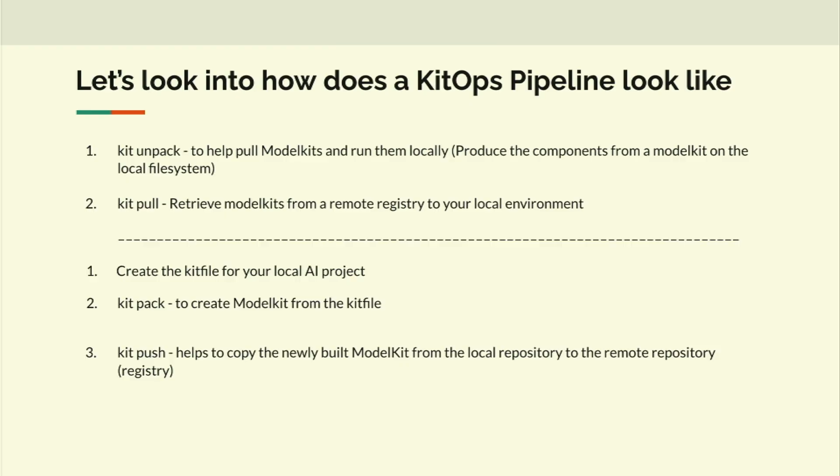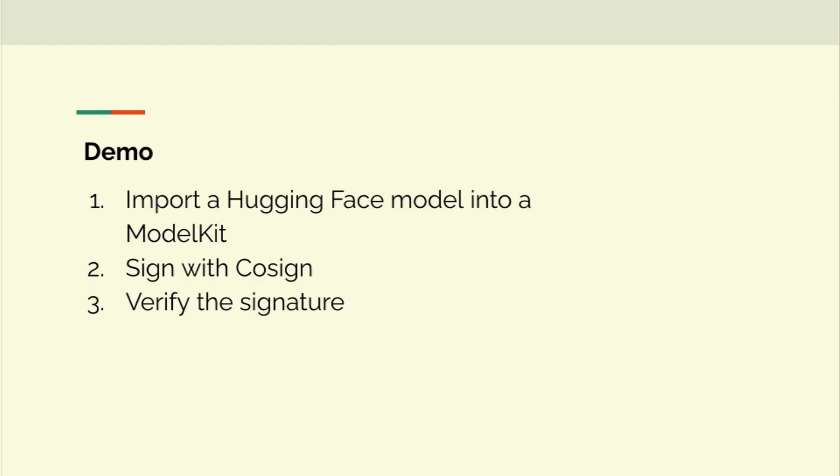And just like you have a Dockerfile, you create a Docker image from it by running the Docker build command, and finally you push it to a container registry like Docker Hub. You can do a very similar use case with GitOps, but for AI. So let's take a demo where we will import a Hugging Face model with ModelKit. We will sign it, and then we'll verify it.